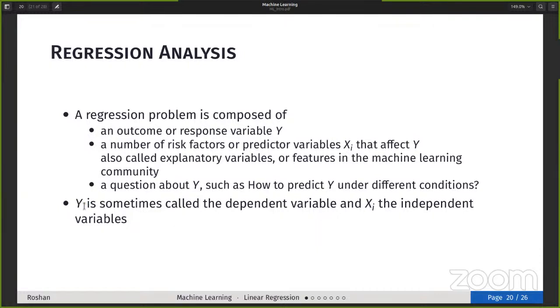We call y the dependent variable and x the independent variable. Why do you call the output the dependent variable? Whenever you change the input, the output also changes accordingly. So that's why it's dependent. And x is the measurements you get.